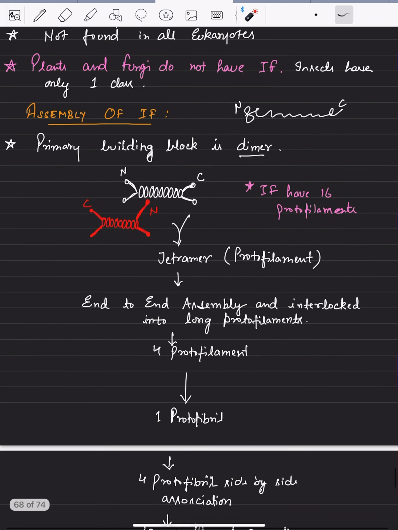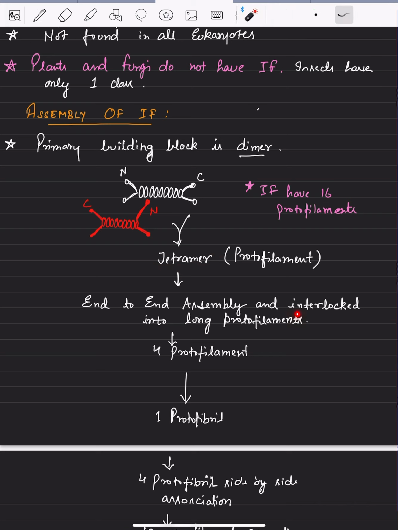Then we can see here the assembly of the filament, how they assemble. So the primary building block is a dimer. What basically happens, you can see here the dimers combine together, with end to end association, and they lead to the formation of the tetramer, this protofilament.